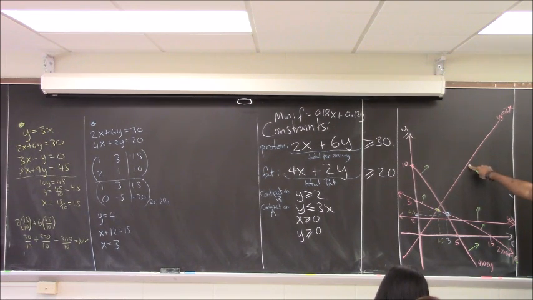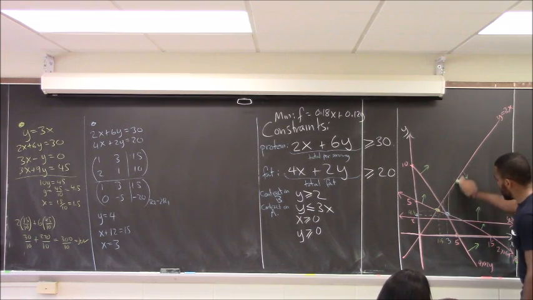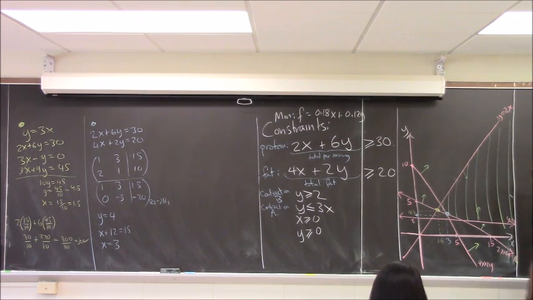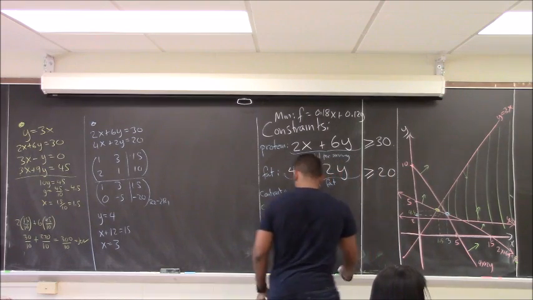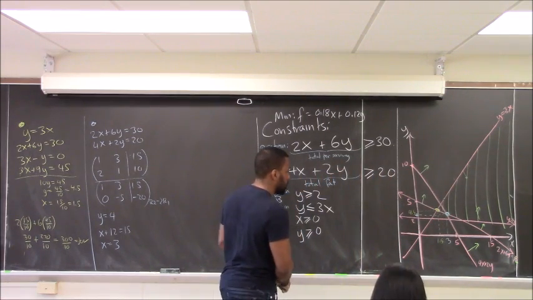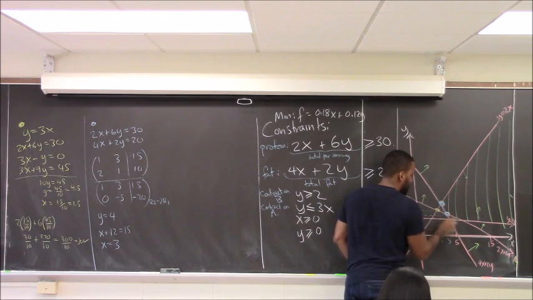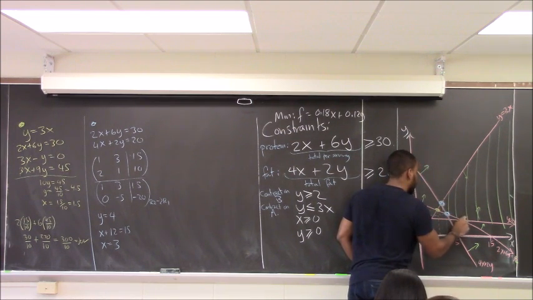What about the 3x? I want to actually be below that. Okay, so what is above all of those guys but below that? So this region here. Right? So it turns out that all of these are my corner points. This, that.